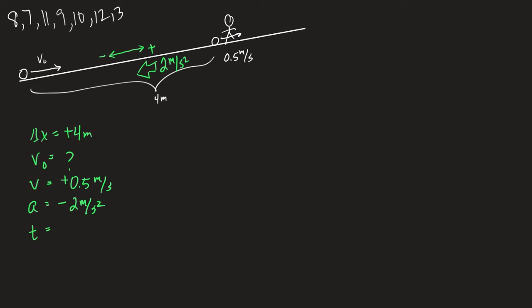So of the available possible things I could use, the one I'm going to use is v squared minus v naught squared equals 2a delta x. So 0.5 squared minus v naught squared equals 2 times negative 2 times 4.